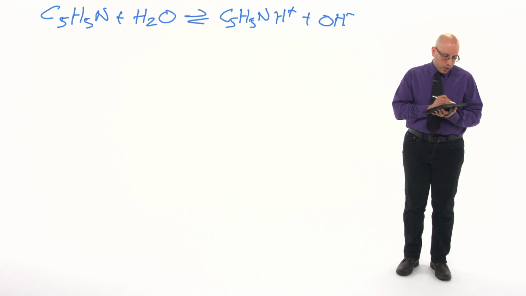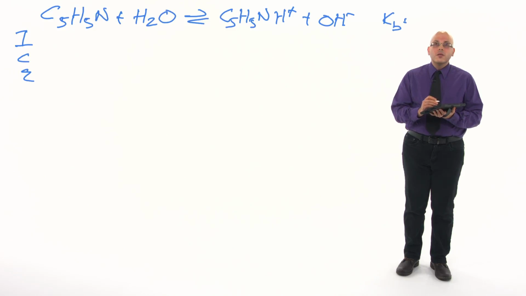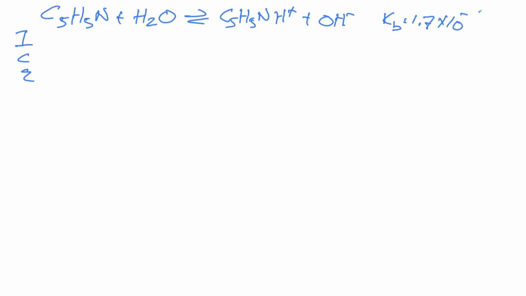Now I'll set up my ICE box once again. The Kb for this reaction is a lot smaller, 1.7 times 10 to the negative 9. The initial concentration is 0.1. It's going to go down by a certain amount x, so at equilibrium it's about 0.1 minus x. Once again, I ignore the water because it's a pure liquid.